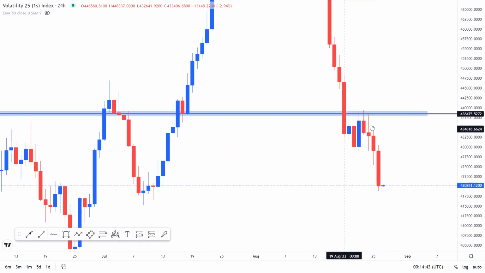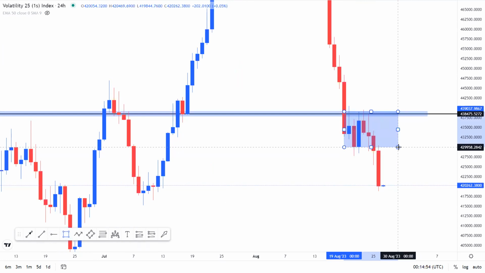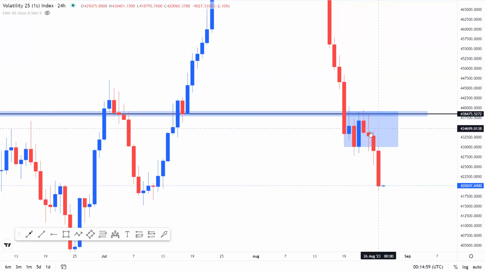So it was a kind of range, a daily range. So our price kind of played in this daily range for 5 days before eventually having a break of the level.